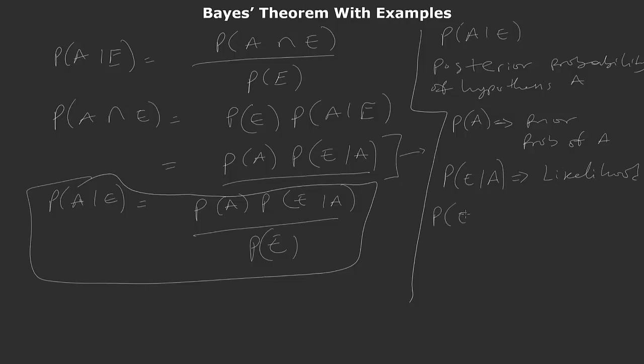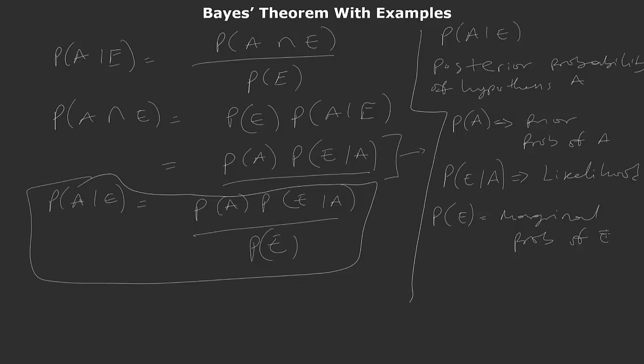Then we already defined this to be the marginal probability of E. So this is how these terms are generally referred to in the world of Bayes theorem.